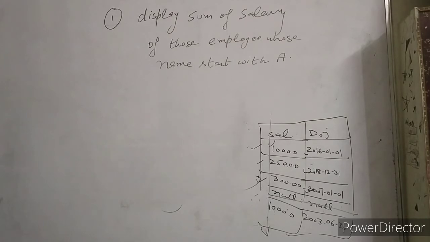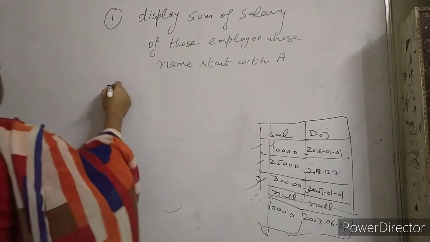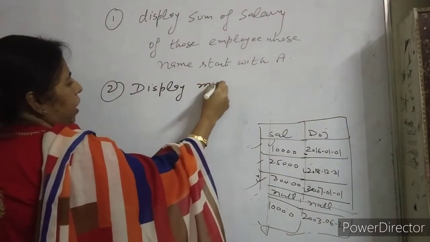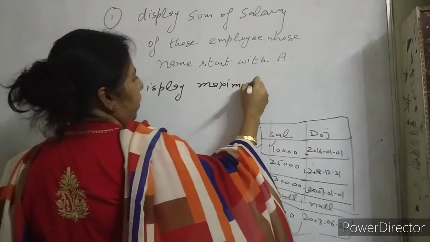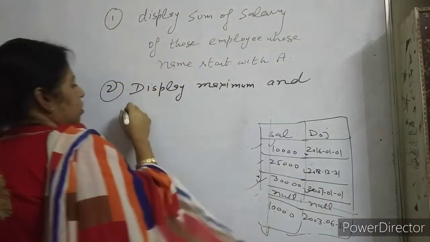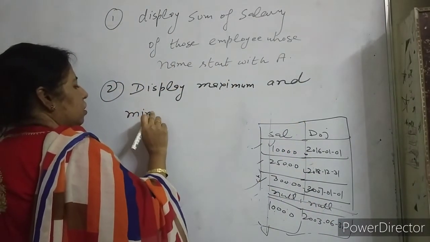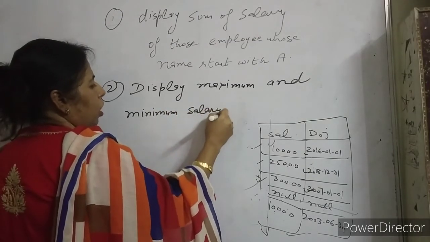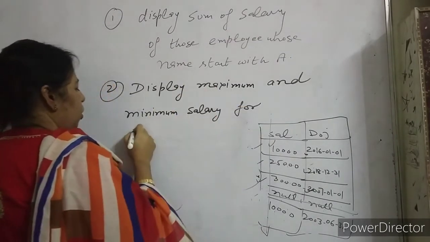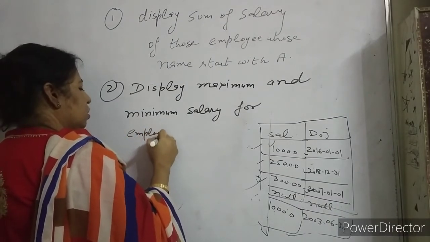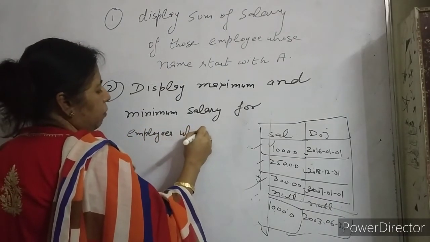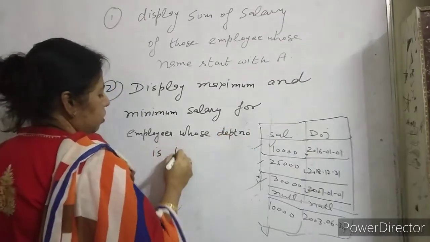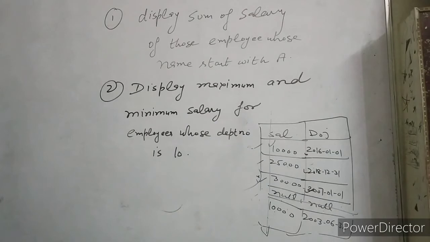Next, second question: display maximum and minimum salary for employees whose department number DPTNO is 10. Okay?